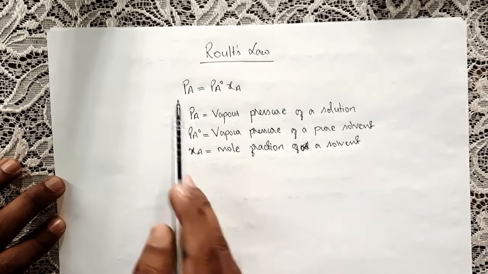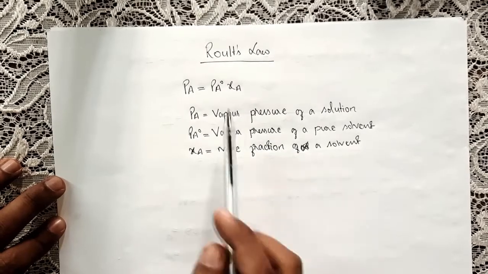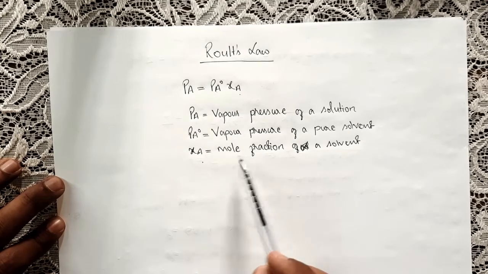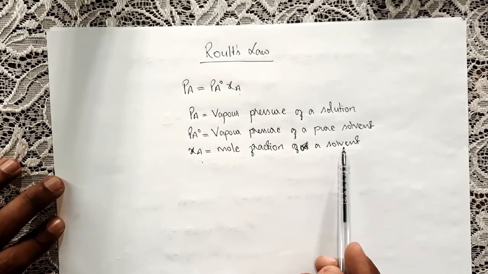So these are the terms. PA is your vapor pressure of a solution, PA naught is the vapor pressure of a pure solvent, and XA is the mole fraction of a solvent.